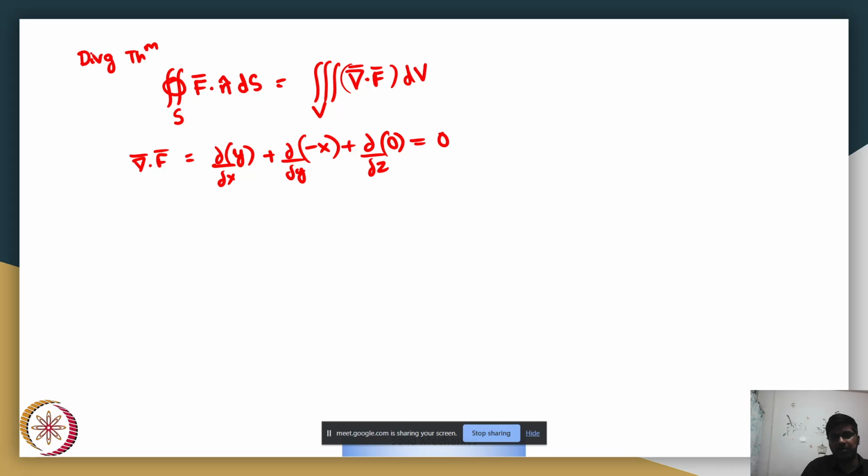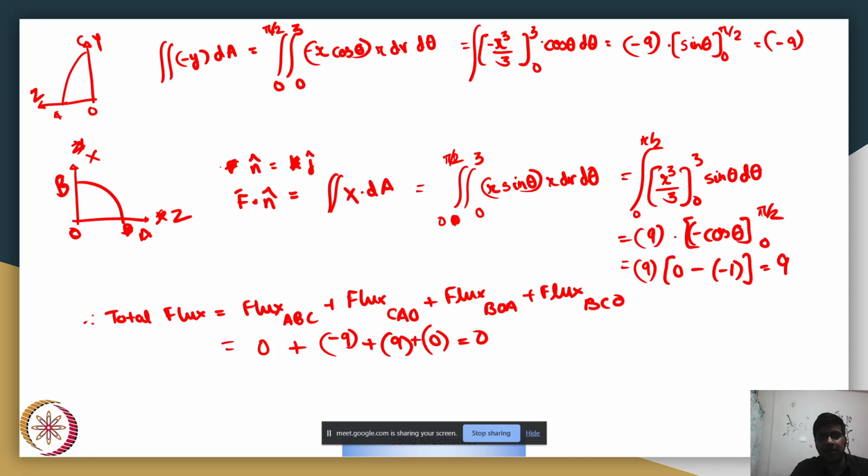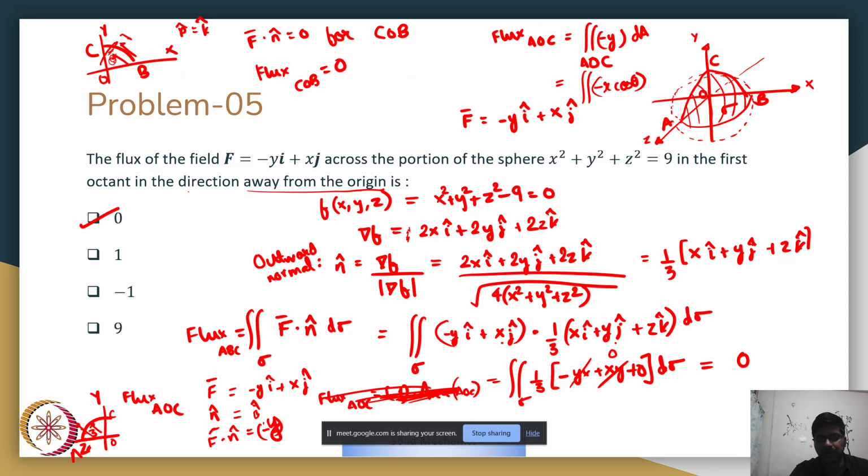It's nothing but 0. Therefore, my volume integral of grad dot f dV is nothing but 0, which is also my net outward flux through the enclosing surfaces. This is the great advantage of using the divergence theorem. In this case, simply in 3 steps we got the answer. Otherwise, this whole thing took a lot of time.